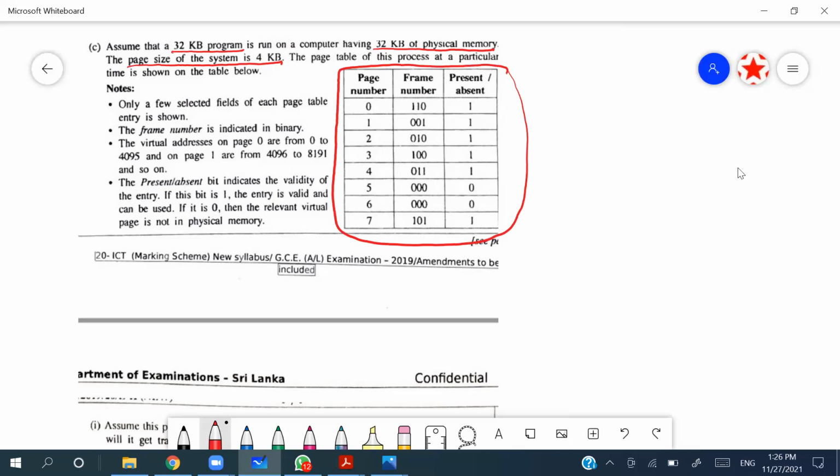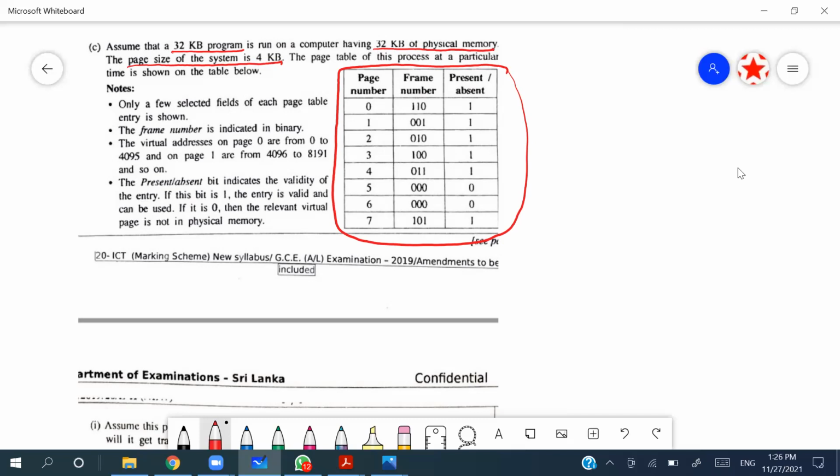Only a few selected fields of each page table entry are shown. Yeah, a page table is something very big, so only a few selected fields are there. Page number, frame number, and present-absent state. The frame number is indicated in binary. Yes, we can see. The virtual addresses on page 0 are from 0 to 4095 and page 1 are from 4096 to 8191, likewise.